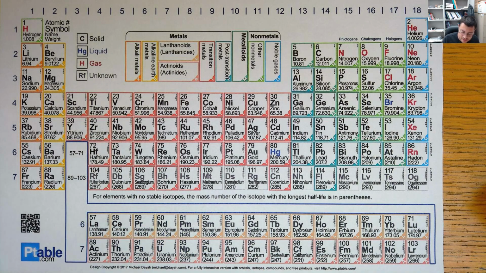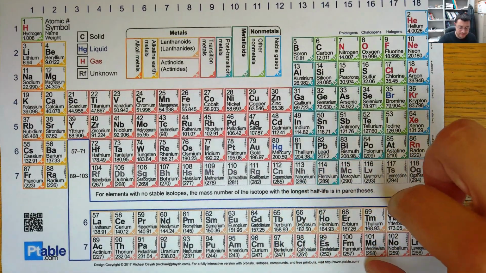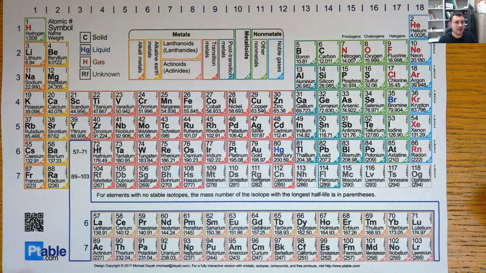So you may be wondering, okay, is this actually the best way to fit this here? From a scientific perspective, I would argue this is not the best way. But from a practical perspective, yeah, it's great because we get to fit everything onto a more standard sized sheet of paper.